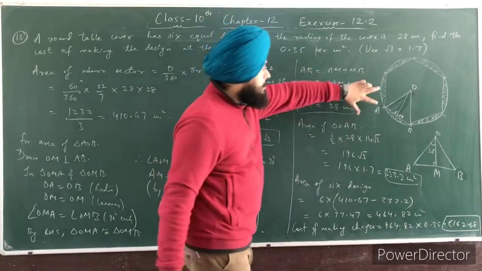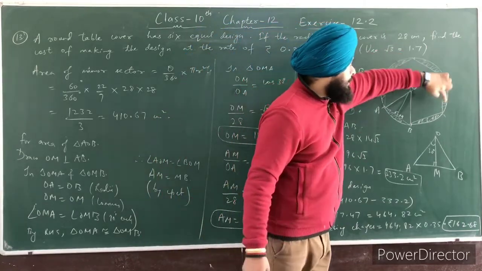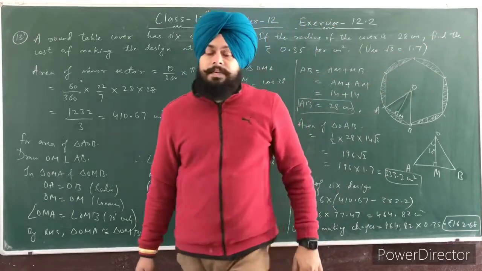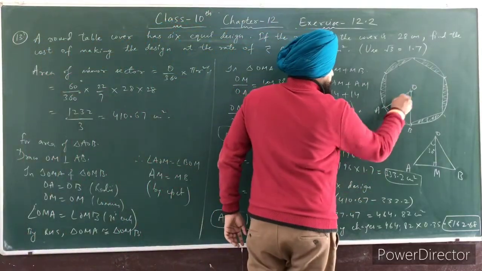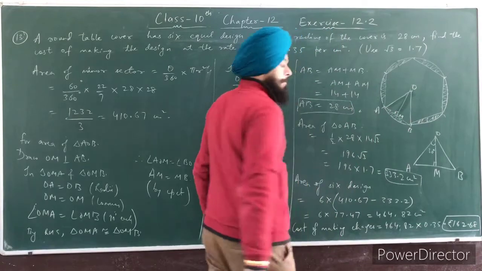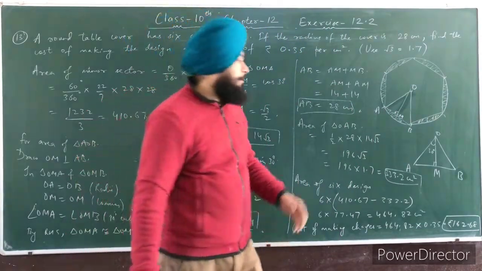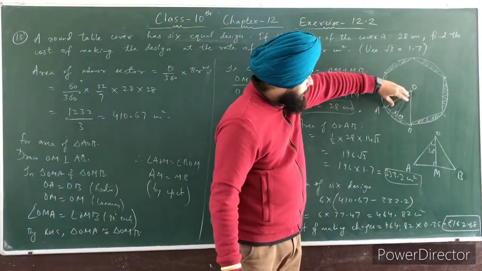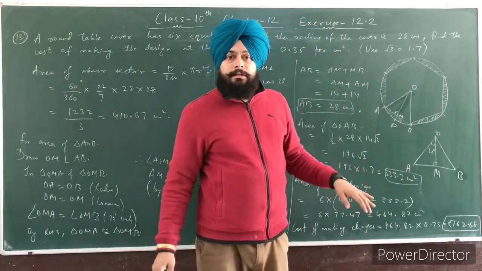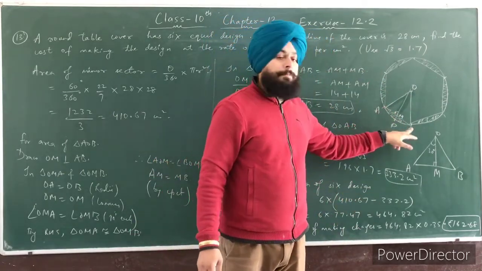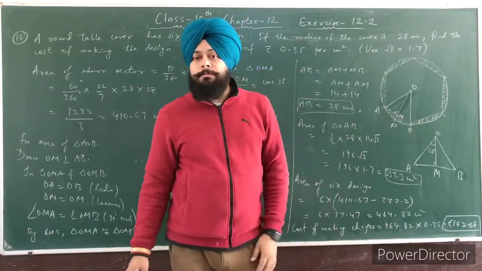So there are total 6 designs, 1, 2, 3, 4, 5, 6, 6 equal designs. First you can join OA and OB. After that you can see here OAPB is the sector. We have to find the area of design APB, or you can say area of segment APB.